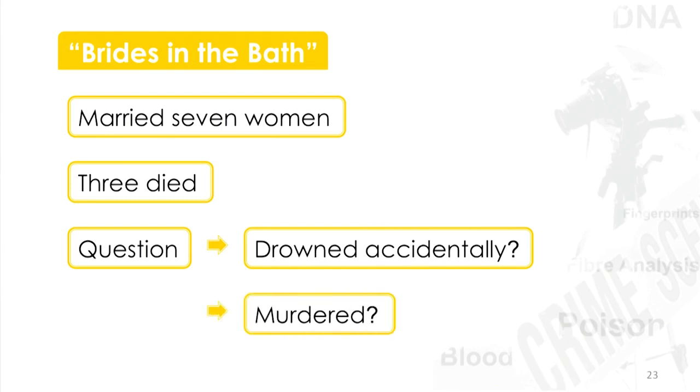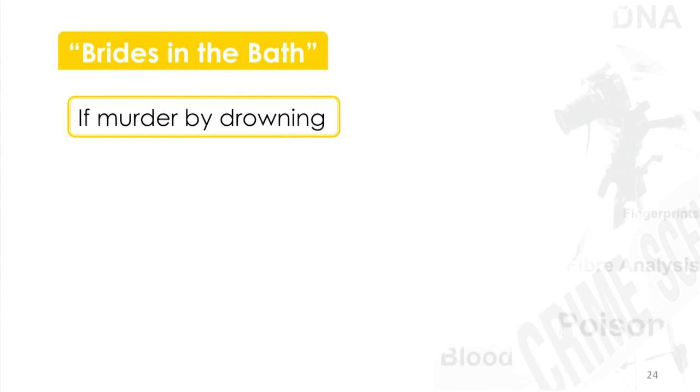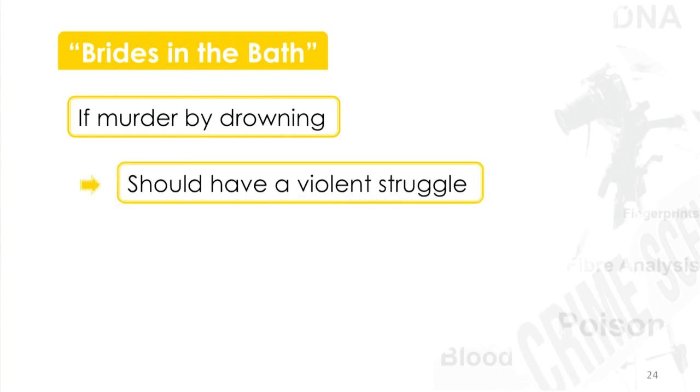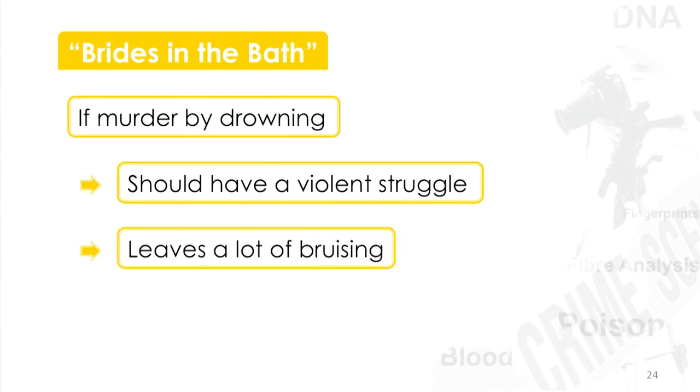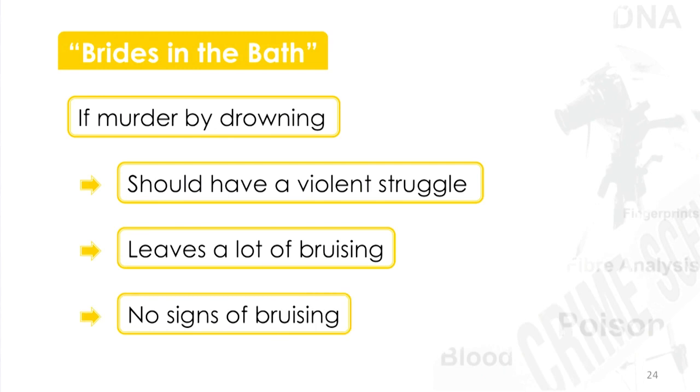Now, if someone's in the bath and you try to drown them by pushing their head underwater, they're going to struggle, and that is a violent struggle. And that would leave a lot of bruising. And there was no bruising on these bodies. And then the idea came about that maybe Smith had used a very clever technique for drowning these women.